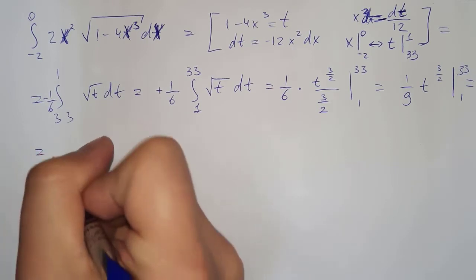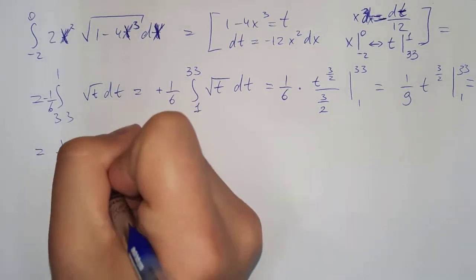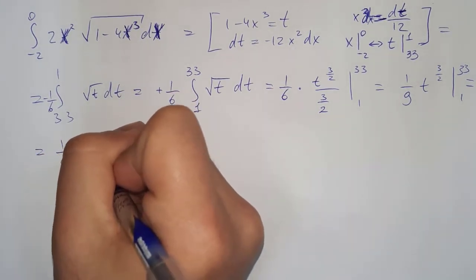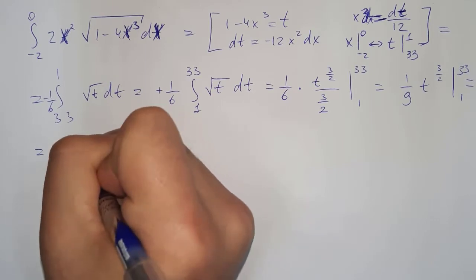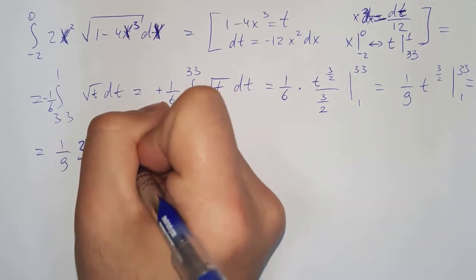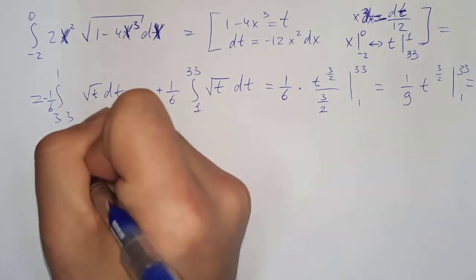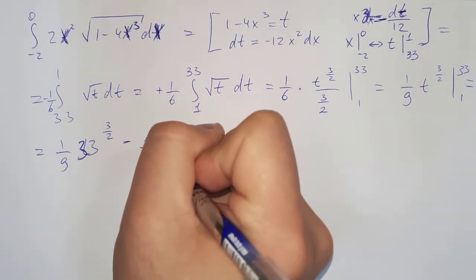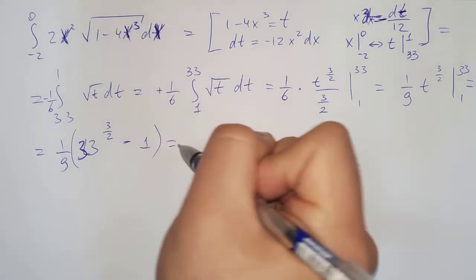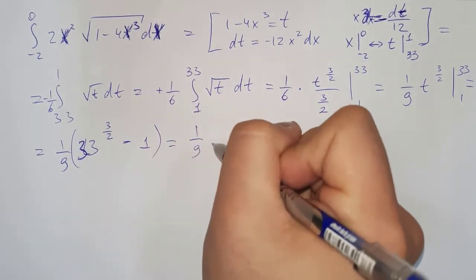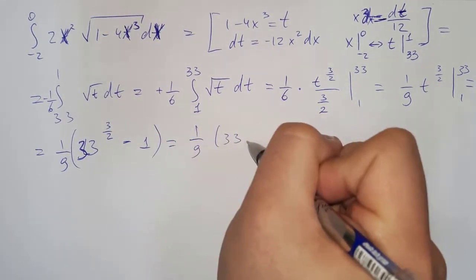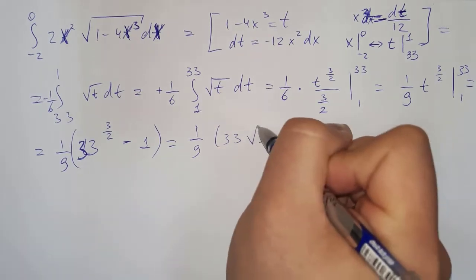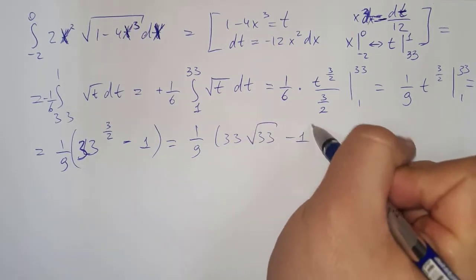And when we continue, it will be 1 over 9. So our t is 33 now, 33 to the power of 3 over 2, and minus 1. Or we can write 1 over 9 times 33 to the power 3 over 2 minus 1.